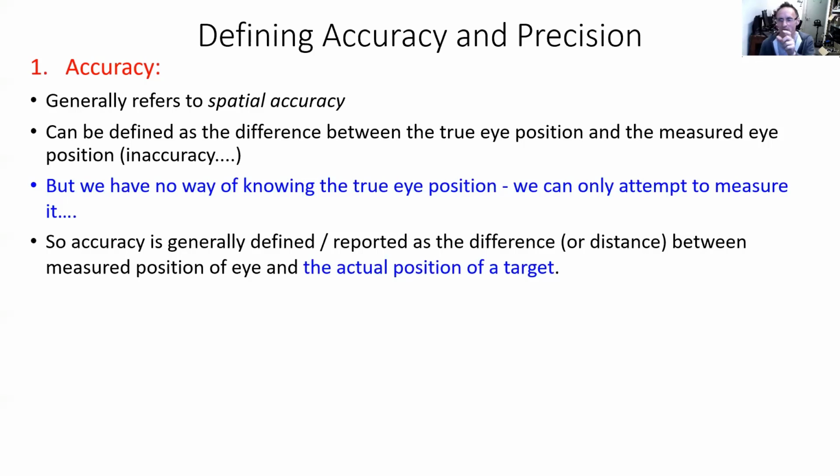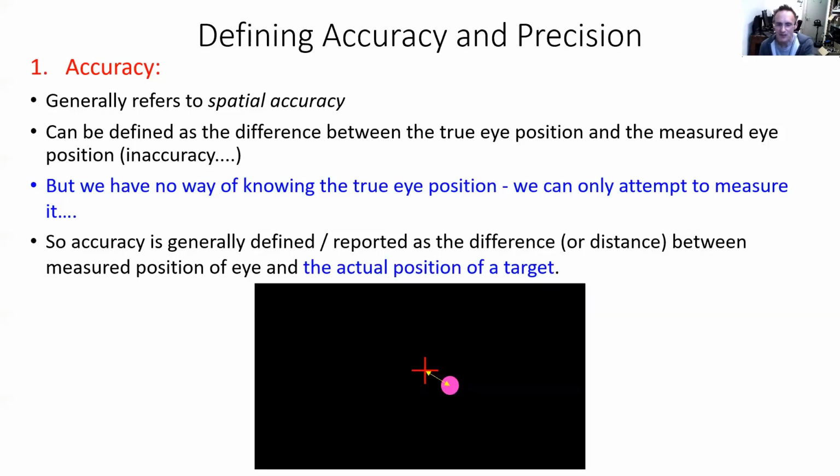We can subtract one from the other, and that gives us our measure of accuracy. So that diagram just illustrates it. The plus is the target, it has a known pixel location. The pink circle is the gaze cursor, or where the eye tracker says the person is looking, and we can measure the distance between those two and use that as our proxy, if you like, for accuracy.